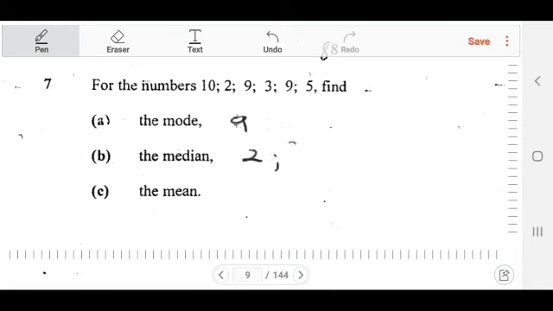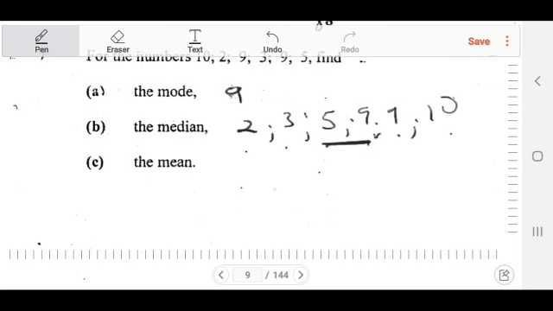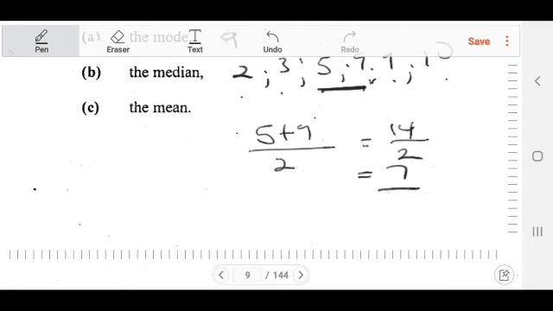The second one is 3, followed by 5, followed by 9, followed by 9. Then lastly we've got 10. So there are 6 numbers. The center is between these two, so we need to find the average of those, which is 5 plus 9 over 2. We get 14 over 2, which is 7. So our median is 7.